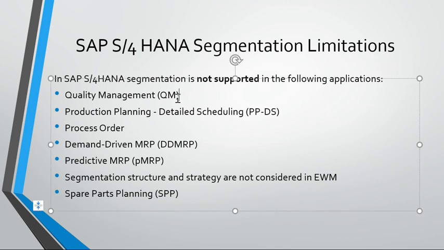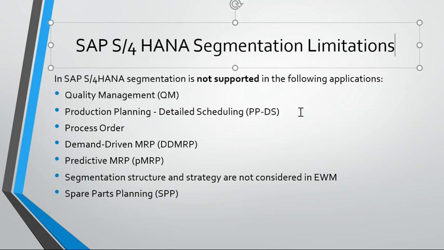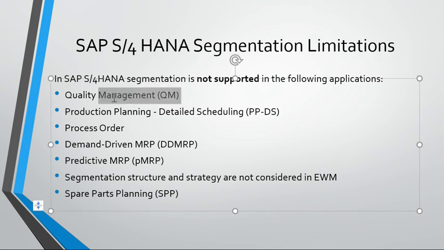From the quality side, it is available, you can leverage this in quality management, and the segment field is there, but in some places it is missing. So it is under process, I will say. Partially it is available, but in future versions you will see this functionality available for sure in quality management.